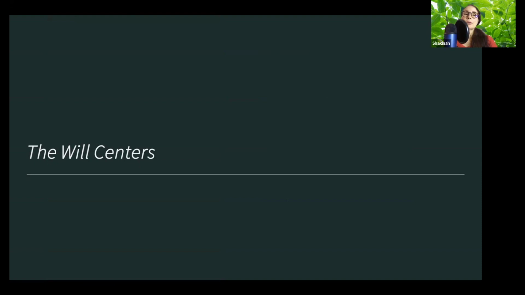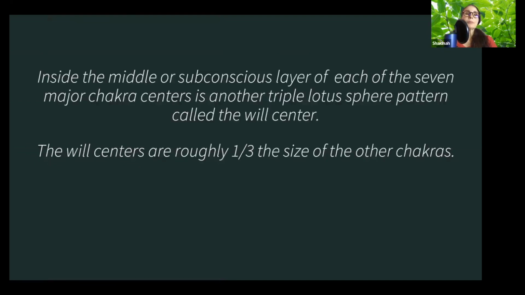The will centers. Inside the middle of the subconscious layer of each of the 7 major chakra centers is another triple lotus sphere pattern called the will center. The will centers are roughly 1/3 the size of the other chakras.